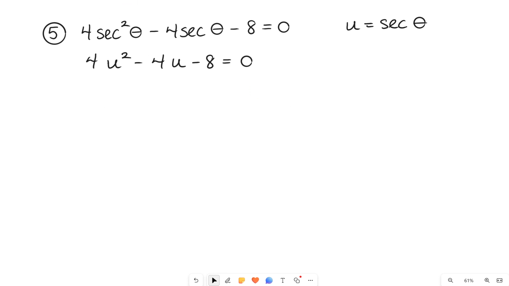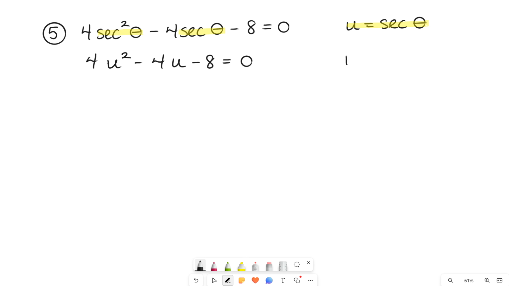Let's do question number 4. And I meant question number 5. So here on question number 5, you're going to notice 4 secant squared theta minus 4 secant theta minus 8. The trig function for secant is mentioned more than once. So again, use the substitution process of letting secant be u.